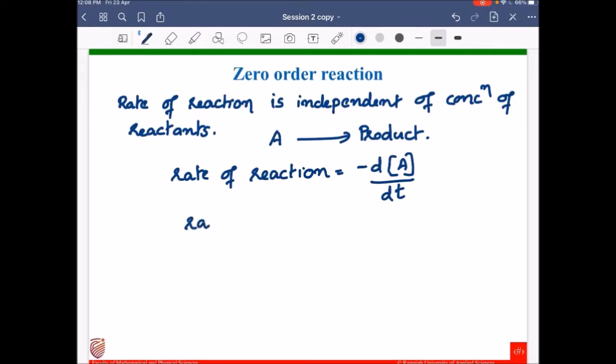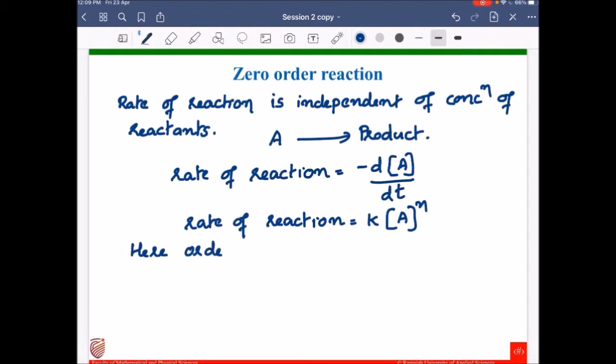As per the integrated rate law, we will be able to write another equation, rate of reaction equal to rate constant into concentration of A raised to n.